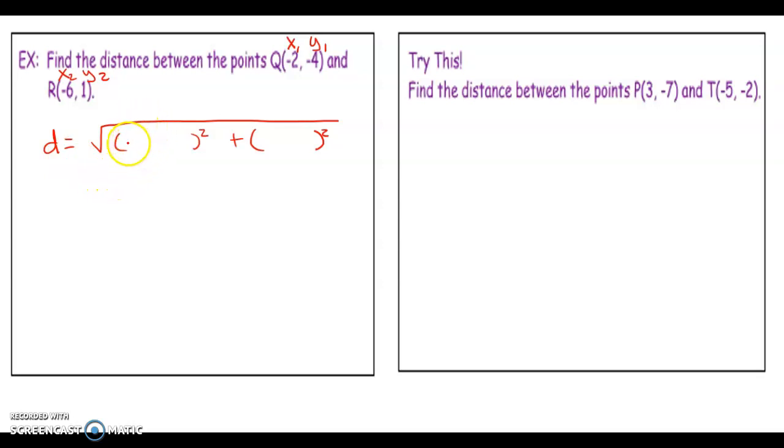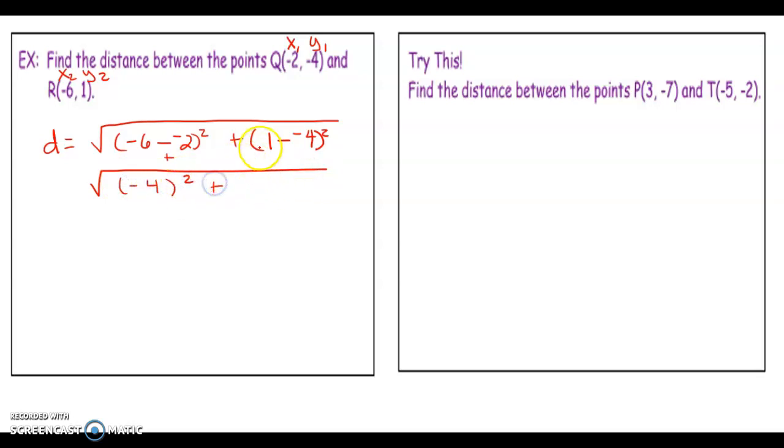Okay, x2 is -6 minus -2. y2 is 1 minus -4. Now think about your double negatives here. This is the same as -6 plus 2, which is going to be -4 squared.